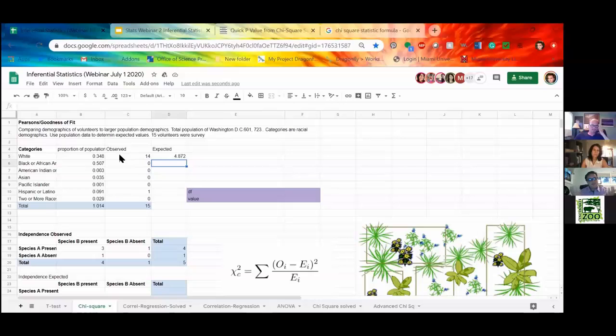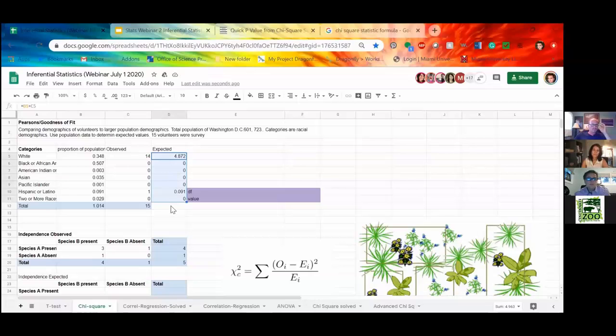So already I'm kind of like, well, this is maybe going to be different, right? And so we're going to do that all the way down for each one, which I should be able to just drag it down. Yeah, and you can see it. I know that it worked correctly because all of those places where I had 0, it remained 0. So just a good check from that.